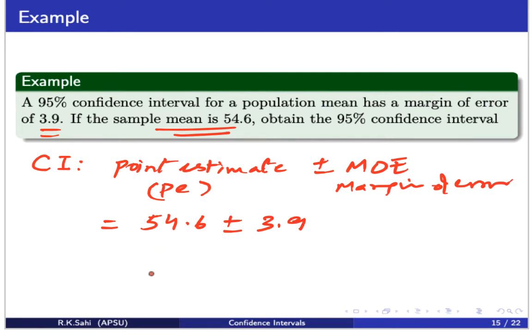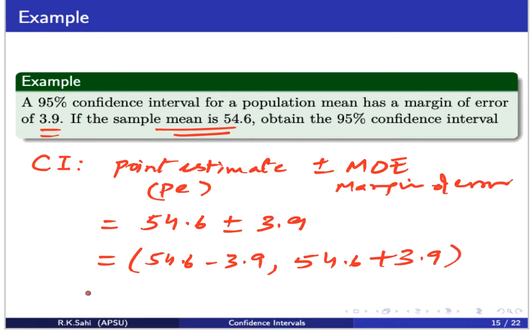Percentages are related to proportions. So what is the confidence interval? It's 54.6 minus 3.9 and 54.6 plus 3.9. So what is the final answer? 50.7 and 58.5.